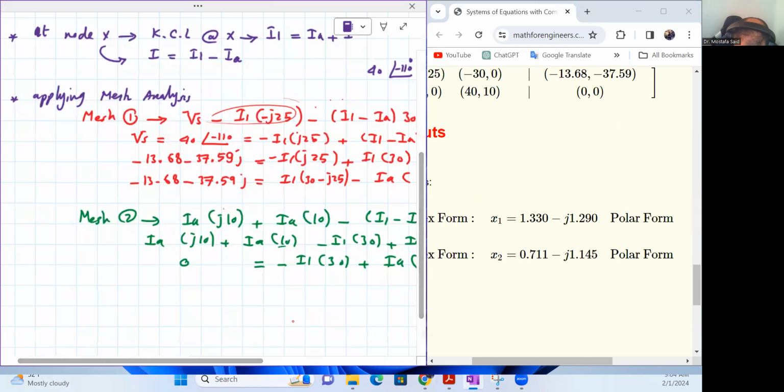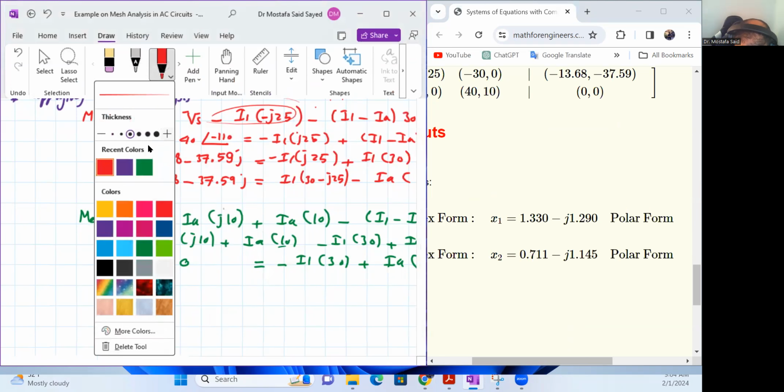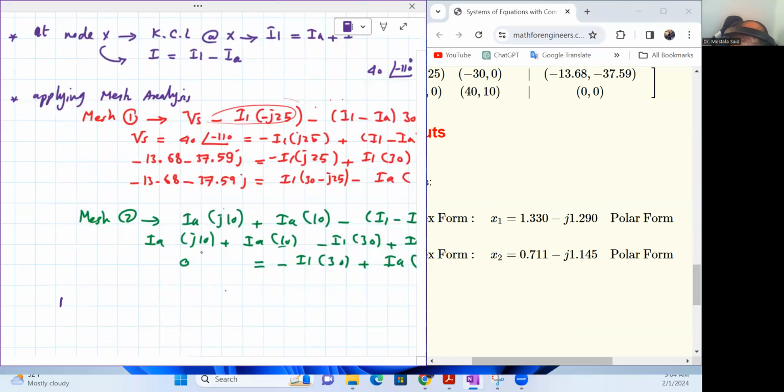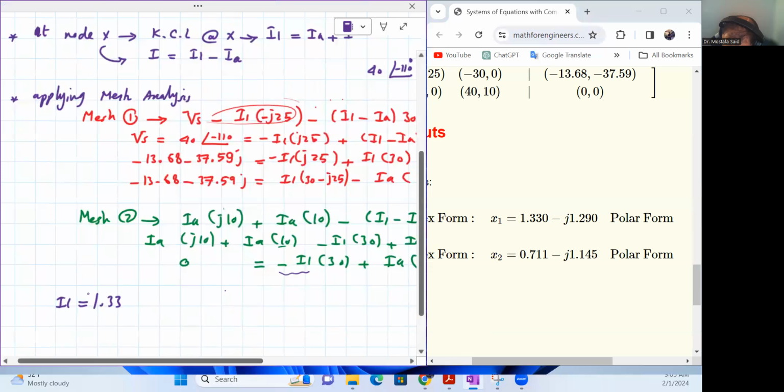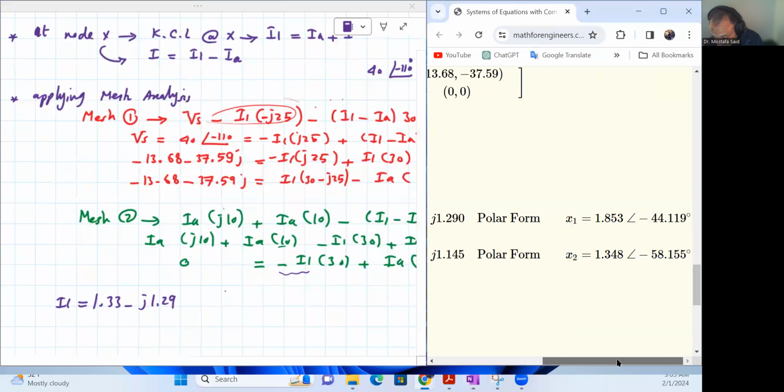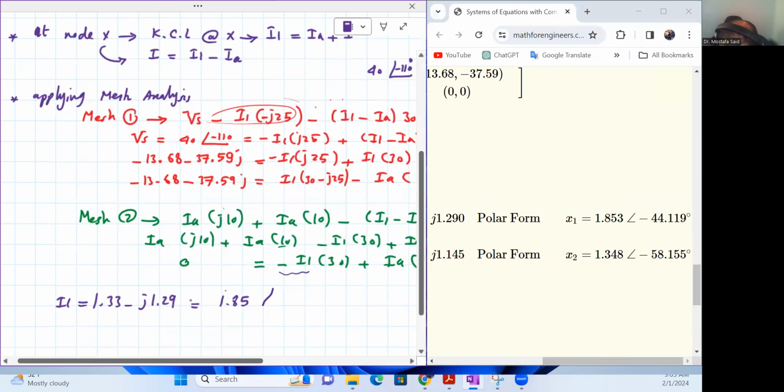So the answer: I1, of course, we write first. The first solution is I1 equals 1.33 minus J129.122. It gives you the answer in rectangular and also polar, so that equals 1.85 angle minus 44.119 degrees.